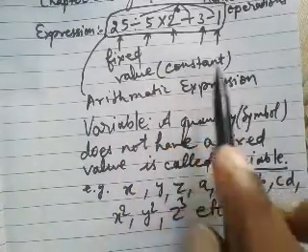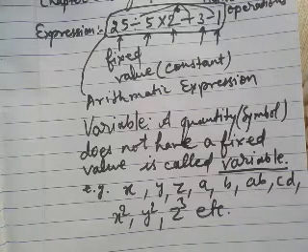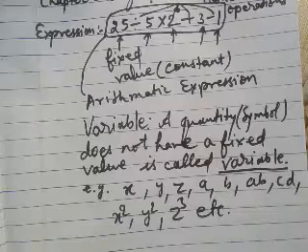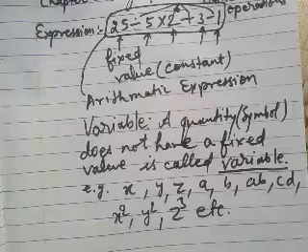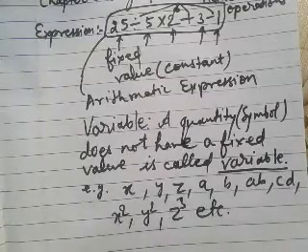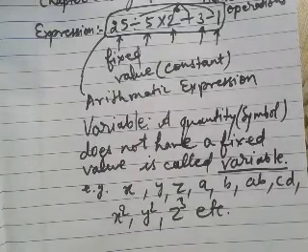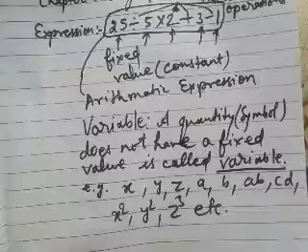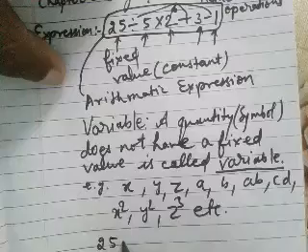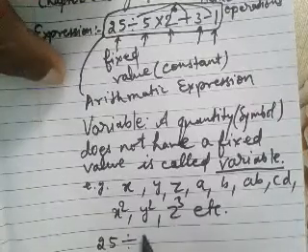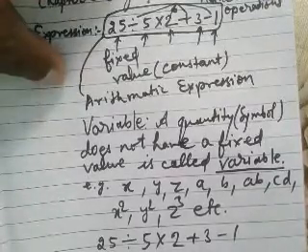And if an arithmetic expression is expressed with some variables in it, this will be called an algebraic expression. Suppose we take the arithmetic expression written above, 25 divided by 5 multiplied by 2 plus 3 minus 1; this is arithmetic.